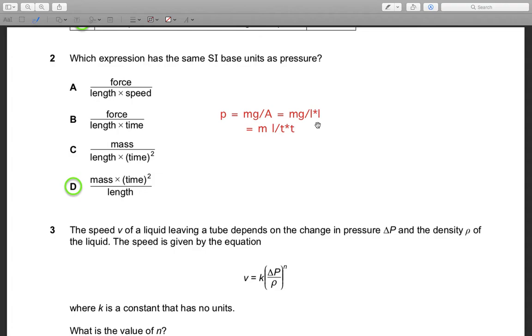So M L T to the minus 2. I think the answer is, you can see, M T squared over length.